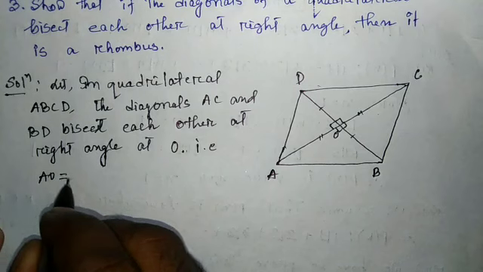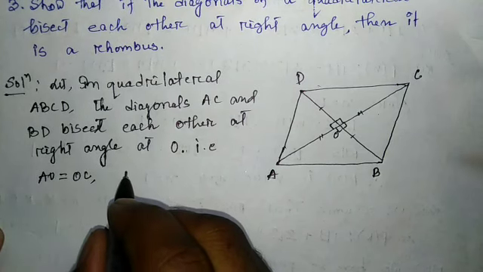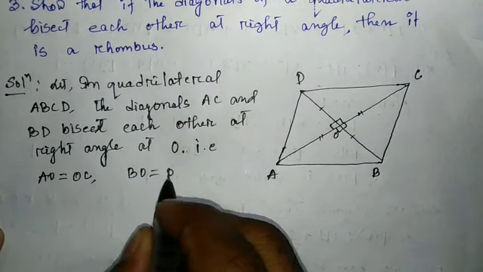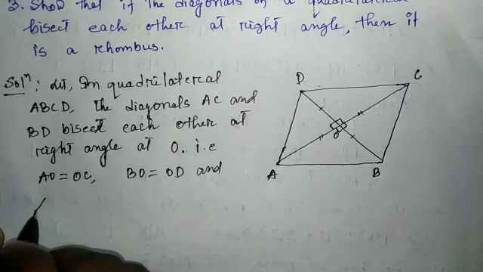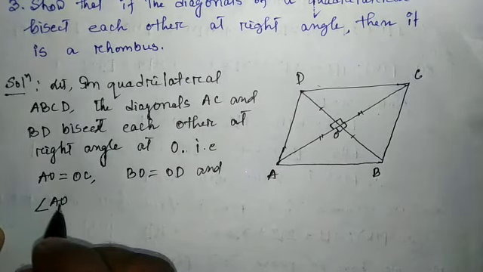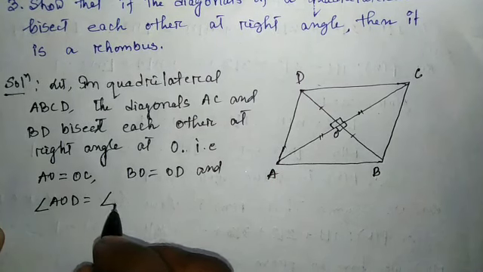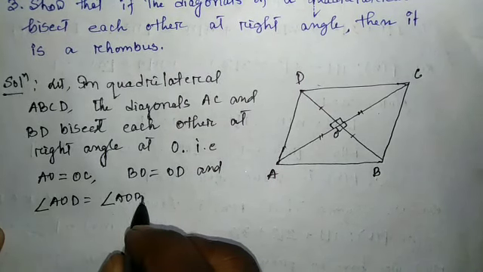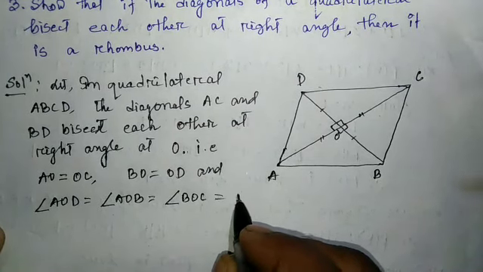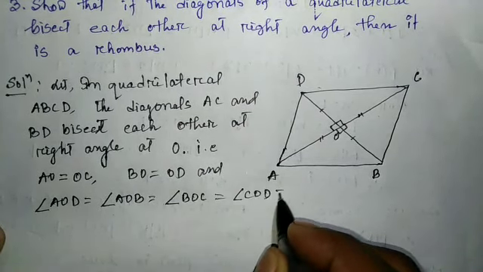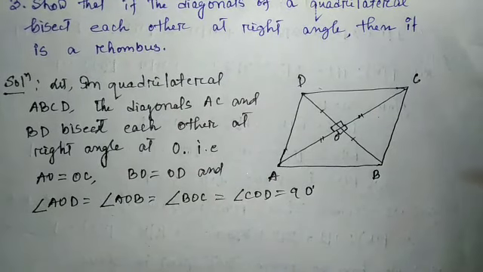AO is equal to OC, BO is equal to OD, and all these angles are 90 degrees. Angle AOD, angle AOB, angle BOC, angle COD, all are equal and 90 degrees. It is given in the question.